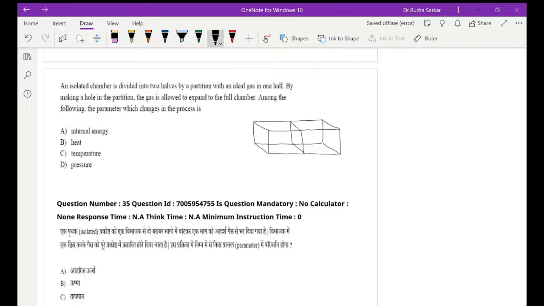Question number 35: an insulated chamber is divided into two halves by a partition with ideal gas in one half. So there is ideal gas in one of the halves like this. Now suppose you make a hole in the partition. There is a hole now in the partition and the gas moves. The gas is allowed to expand. Now, this is an isolated chamber, first thing.